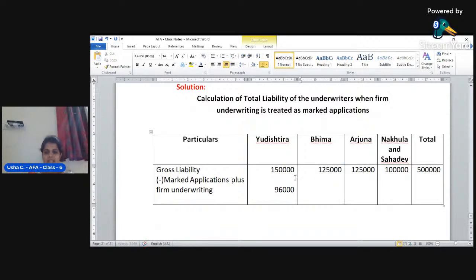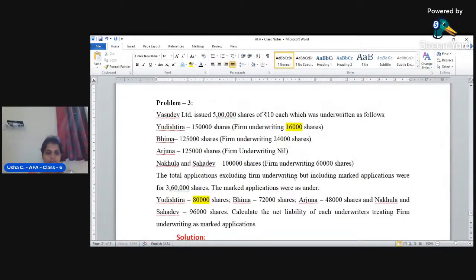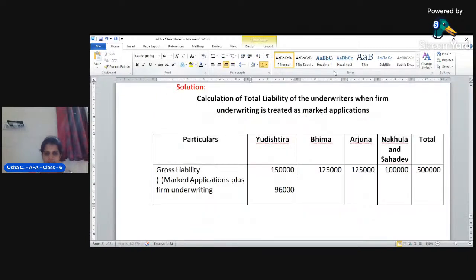Then for Bhima, it is 72,000 shares plus 24,000, which is 96,000.